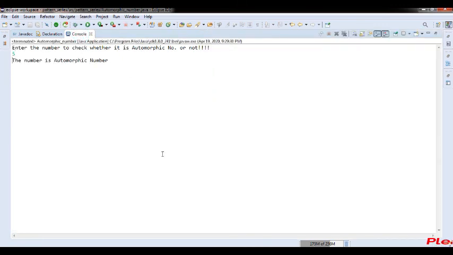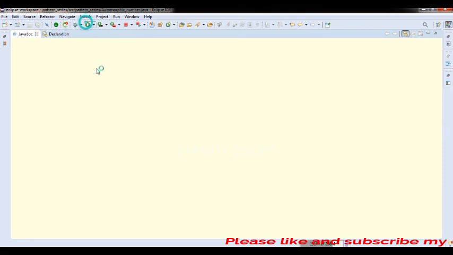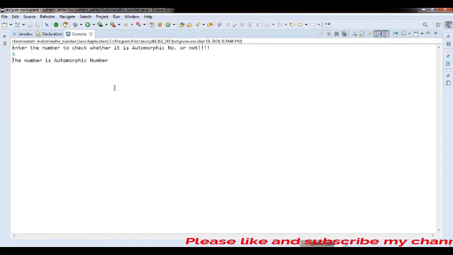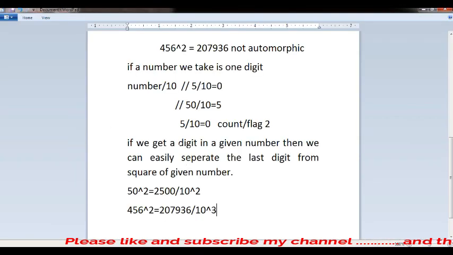We take the input 5, so the number is an automorphic number. Again we take 46, the number is not an automorphic number. Again we take another example, 6, whose square is 36, so the number is an automorphic number. Is that clear to everyone?